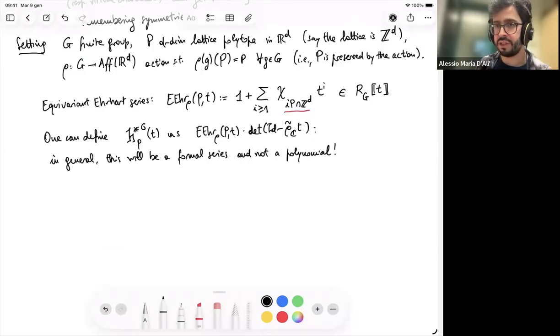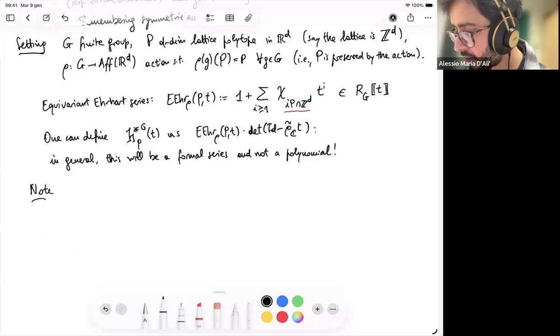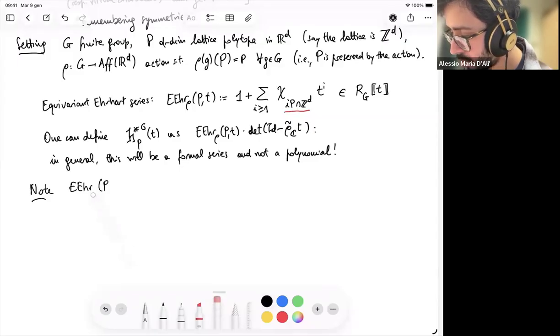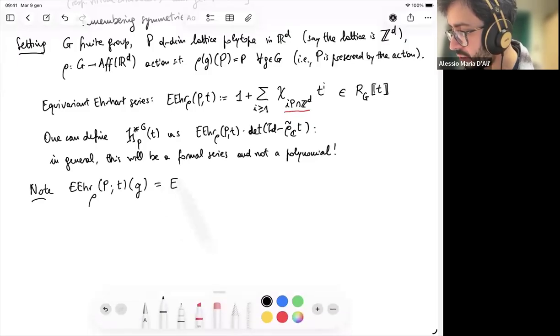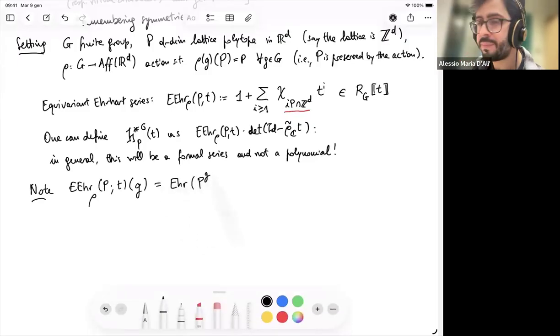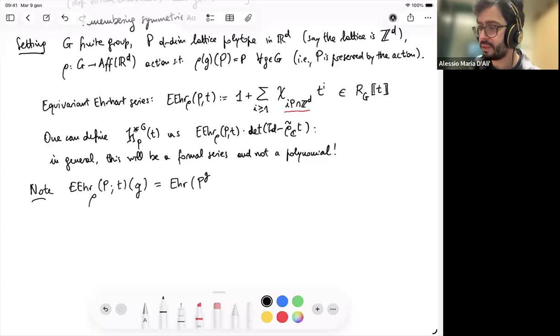I didn't really go much into the details, but what I want you to know is that this thing does remember symmetries, in the sense that if I take my equivariant series, this is supposed to be a rho, sorry, and I evaluate that at an element g, its character, so I can just plug in g and get a number, what I get is the usual Ehrhart series of the part of the polytope that is fixed by that element.